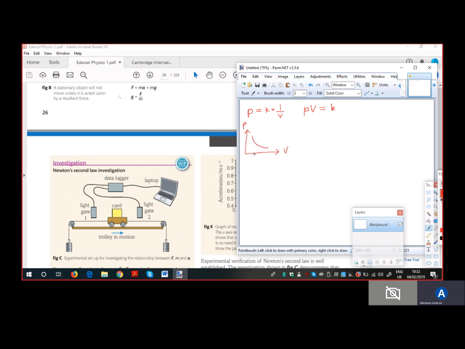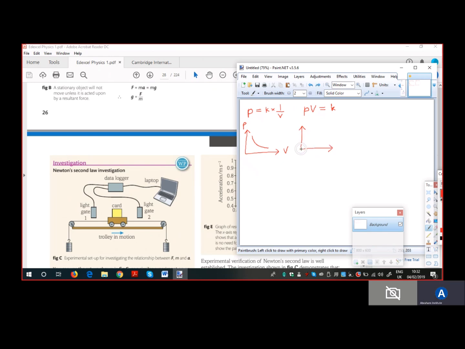The axes are the asymptotes, meaning the curve doesn't meet the axes, or we can also say they meet at infinity. So this goes on forever like that. But if you plot a graph of pressure versus 1 over V, you get a straight line passing through the origin, because the pressure is directly proportional to 1 over volume.